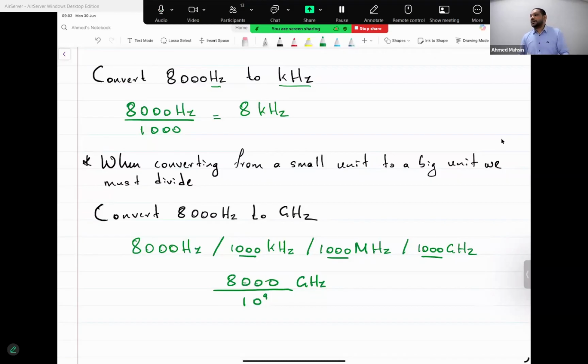Everyone okay with this? One second, my tab has got stuck. Okay. Convert 3 gigahertz to hertz. Get down the question, please.